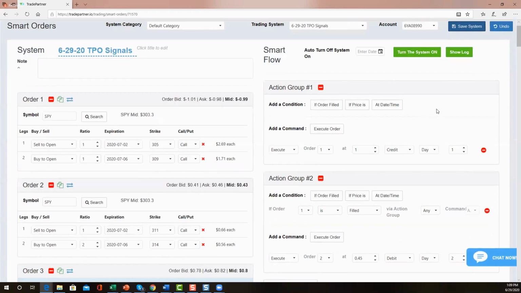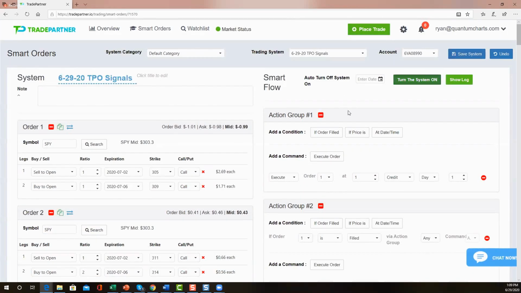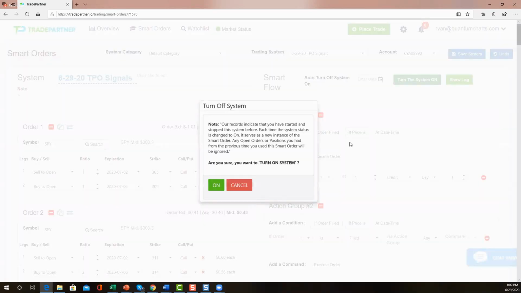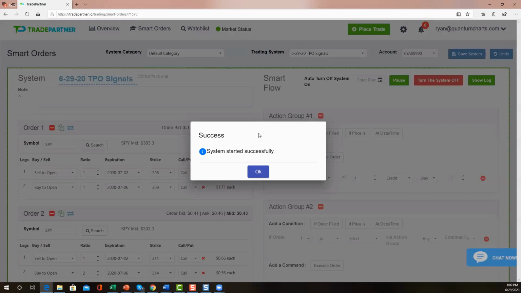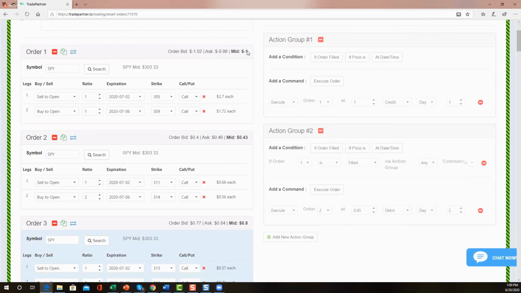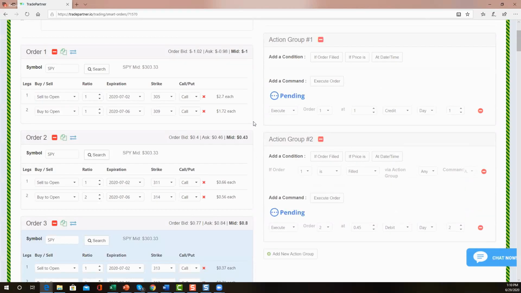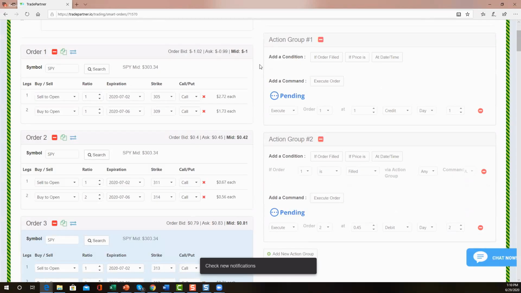Okay, so now we'll turn it on. I've already turned this on several times. So we're trading right at 1. It's going to be close on whether it gets filled or not. If this is the first trade, I would rather put on one of my bullish and then the credit and then another bullish, is how I would prefer doing it.